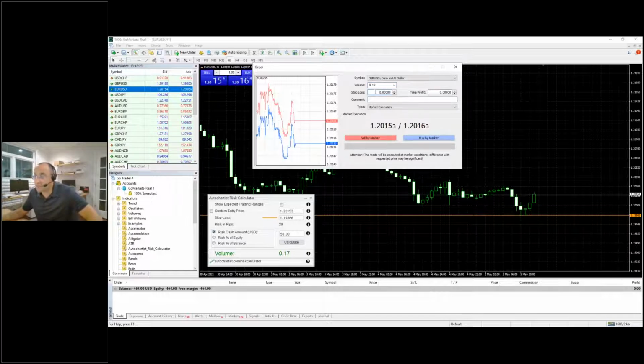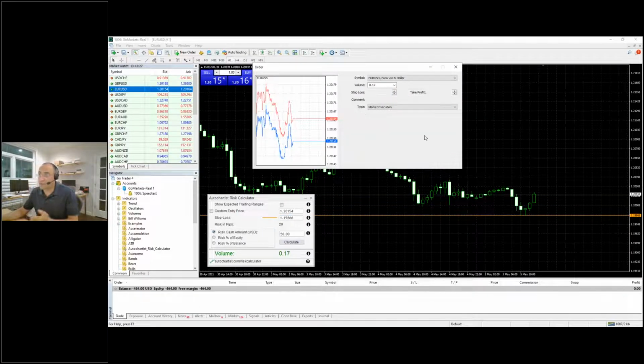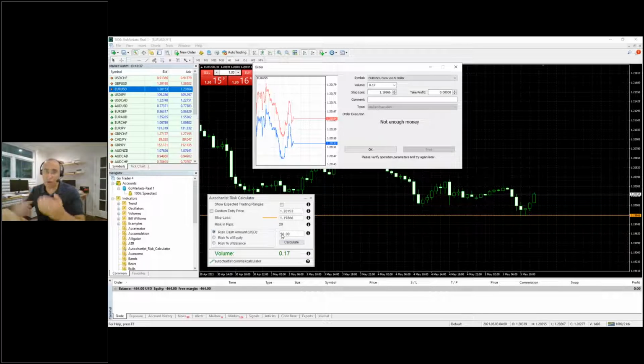So even if it hits my stop loss, I know that I will only lose $50. Of course, sometimes there's market slippage, so you might lose a little bit more. You don't get closed out at exactly the same price, but essentially you're risking only that amount of money.